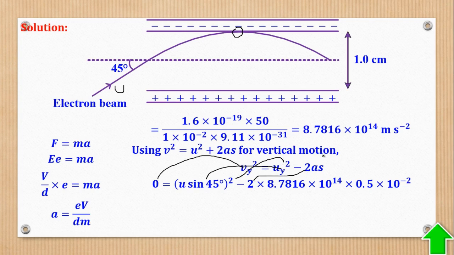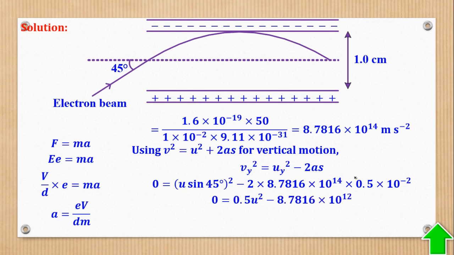Then 2 times acceleration. Now we no longer use acceleration due to gravity, we use the one we have got. Then times the displacement. Now, why are we writing 0.5? It is because vertically from here to here it is 1 centimeter, meaning from here to here it will be 0.5 centimeters. But we have to convert to meters. That is why you write 0.5 × 10^-2 to give the displacement in meters vertically.